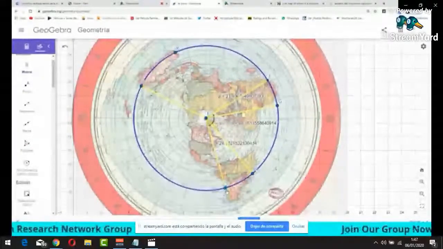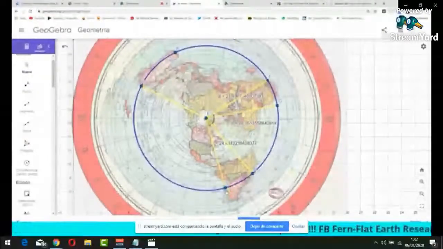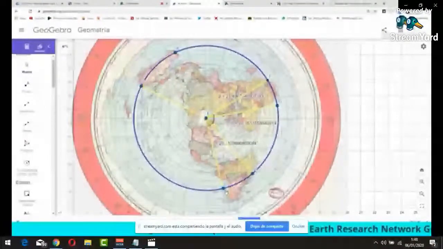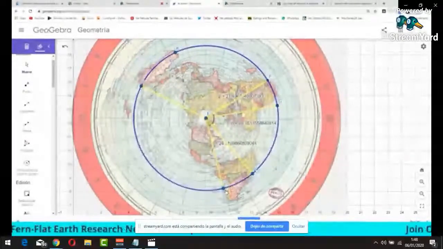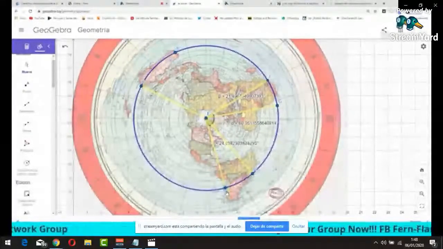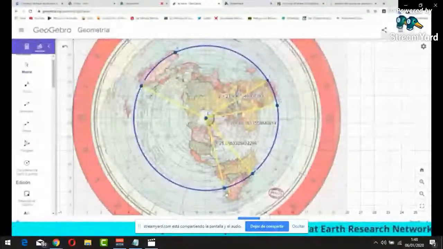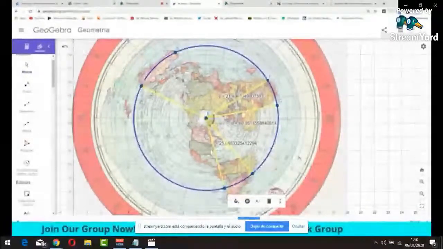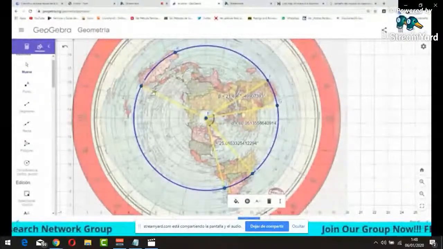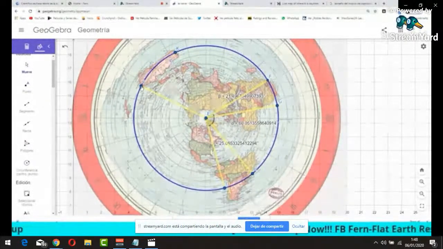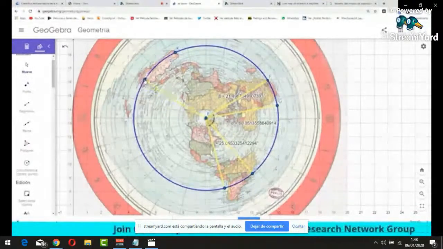It should be around 2000 kilometers, something like that. So it has to be more broad at the Tropic of Capricorn, even South America. If we do this same exercise, we probably find the same with Australia.